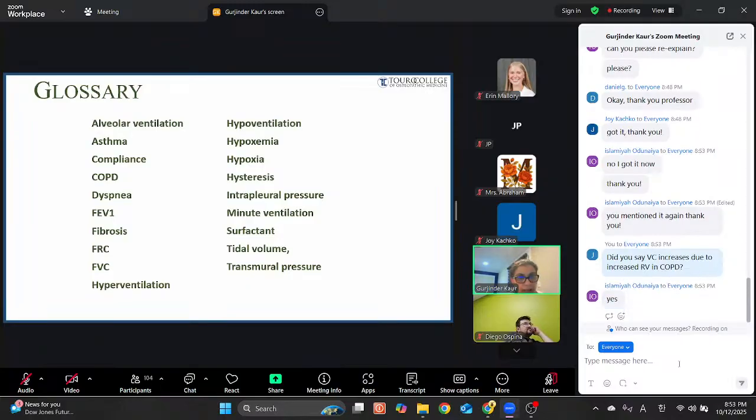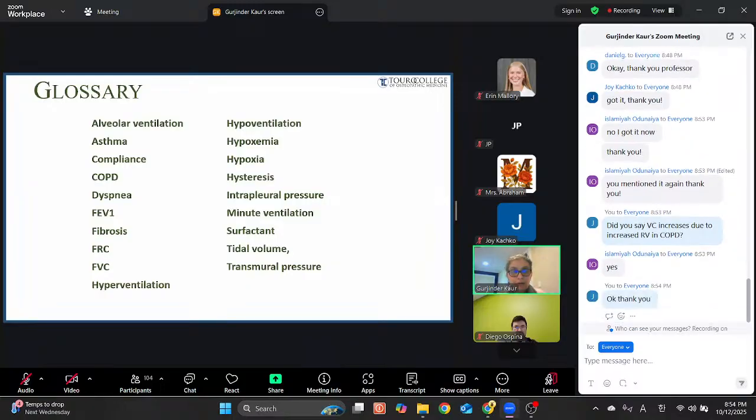Okay, JP's asking, did you say VC? JP, I just mentioned vital capacity is not going to increase because the RV is increased. It will decrease depending upon how much air is already sitting in the lungs and how comfortable the patient is inspiring the air and then expiring that air out.